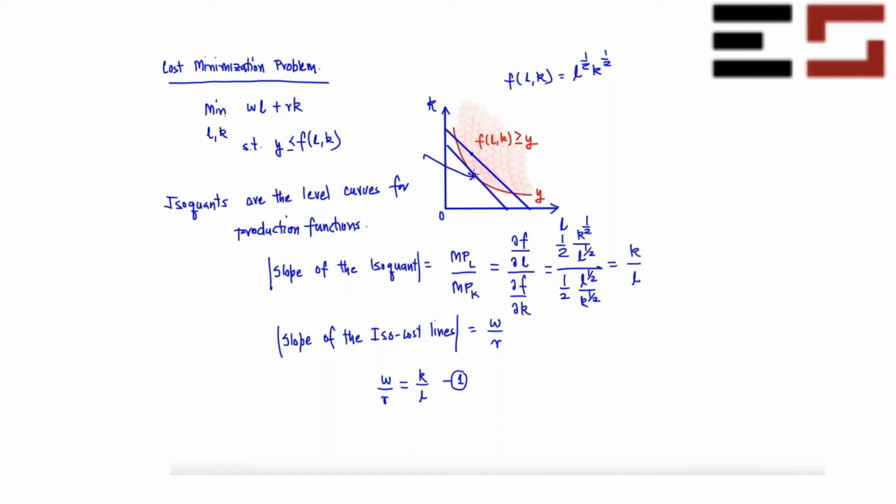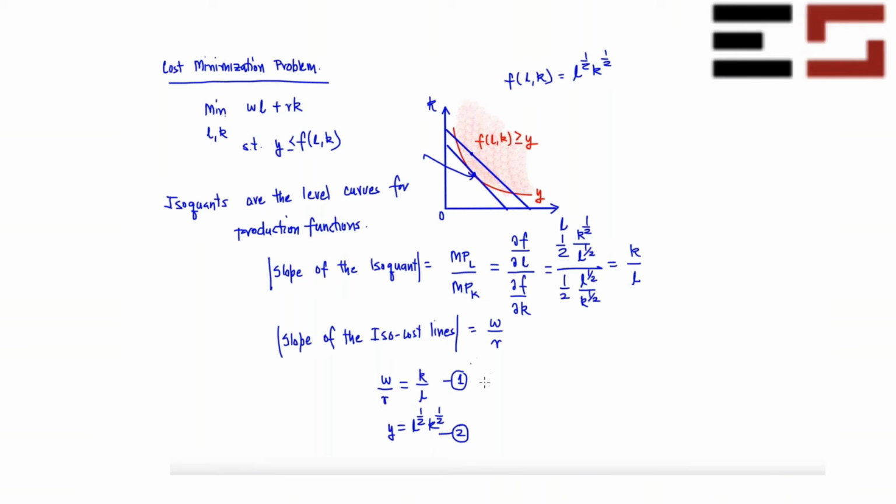The second thing that is true about this point is it lies on this isoquant, so Y is equal to L^(1/2) K^(1/2). We are just going to solve this system of equations for labor and capital, and we'll get the conditional labor and capital demand.